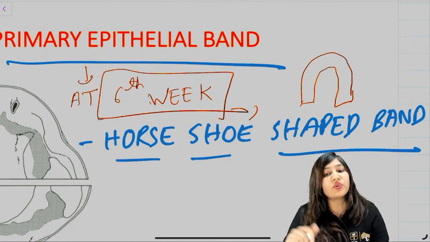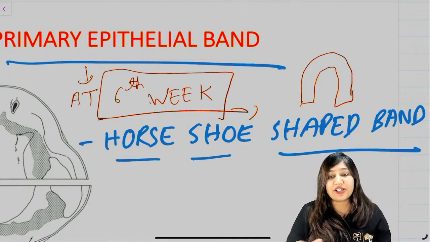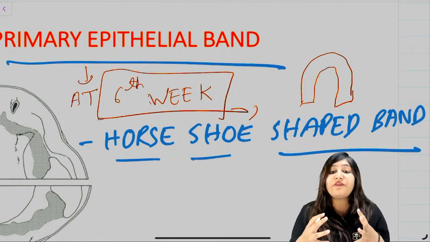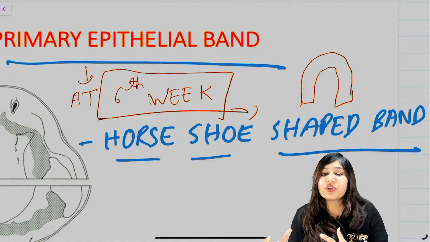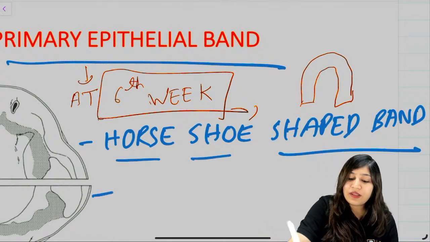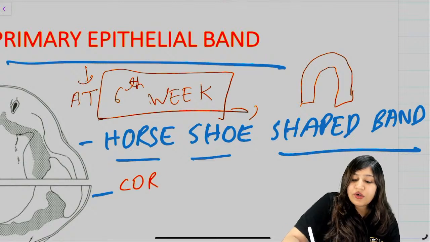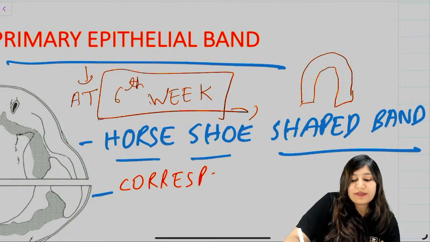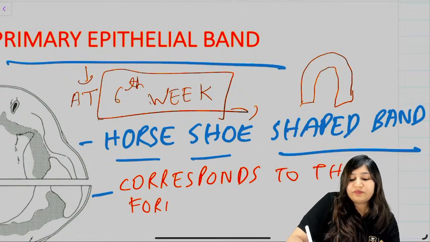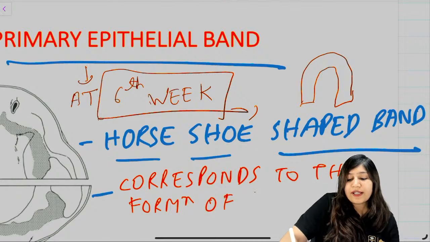It corresponds to the location of future dental arches, that is maxillary arch or mandibular arch, and it also corresponds to the position of the future tooth germs. So, it corresponds to the formation of future dental arches.